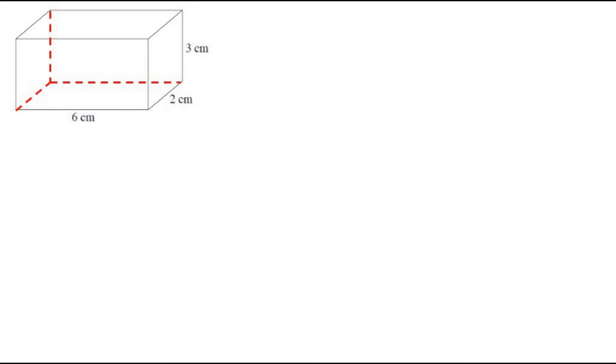So we can see that the base here measures 6 by 2. So that will be the first one we draw, making sure you use your ruler to measure the lines are correct. So we measure the base, so it's 6 centimeters across, and then it's down 2 centimeters, and on the other side we measure 2 centimeters as well.